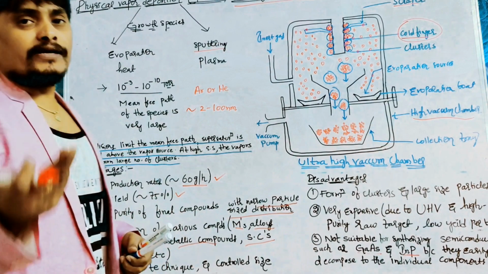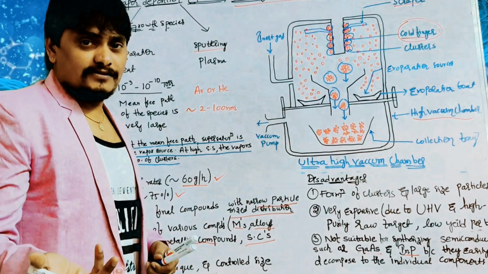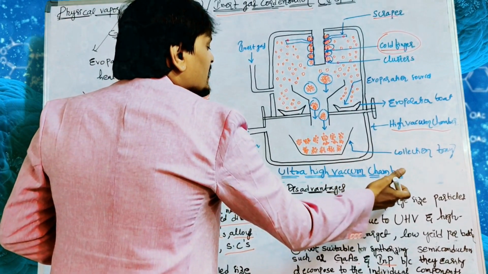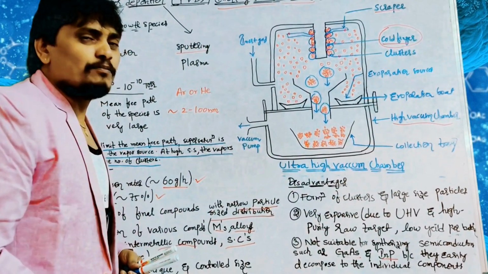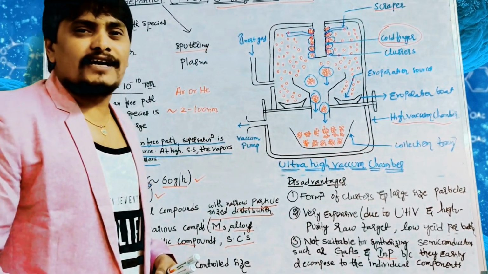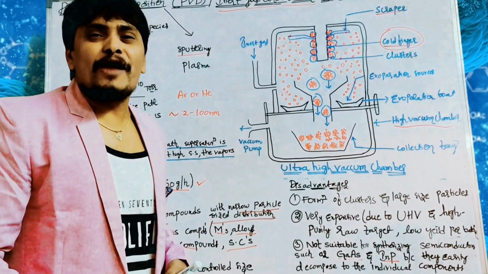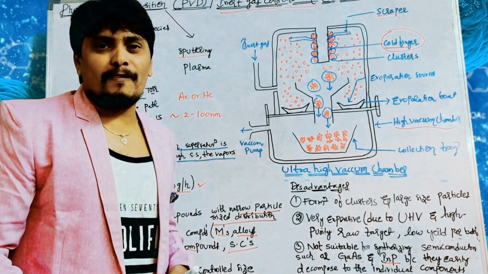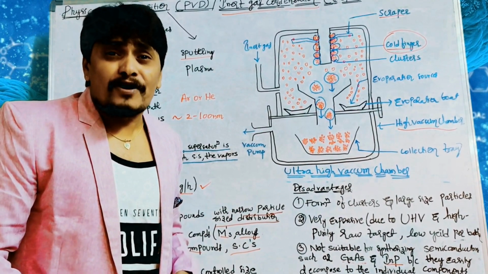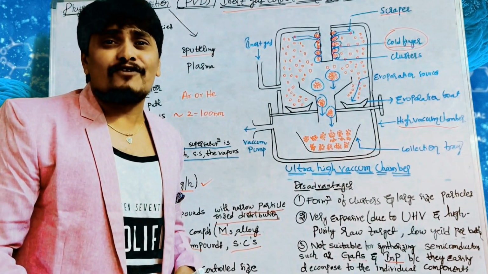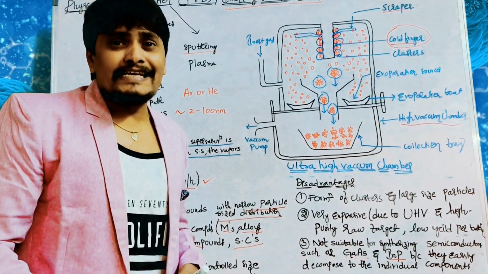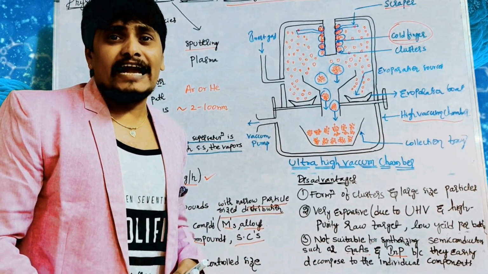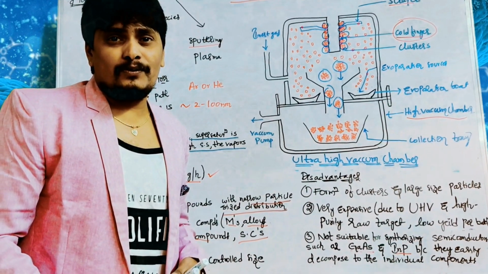So coming to the cons, that is, disadvantages. Formation of clusters and large size particles is the problem of this inert gas condensation. A huge amount of nanoclusters are going to be formed, and if at the perfect time we do not add the surfactant, these nanoclusters immediately agglomerate and revert back to bulk.